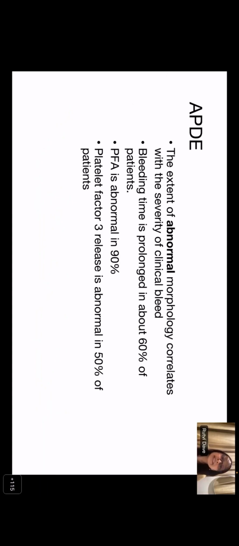Bleeding time may be prolonged in around 60% of the patients. PFA may be abnormal in 90%, but the abnormal platelet morphology correlates with the severity of clinical bleeding, and it is present in 100% of the patients.